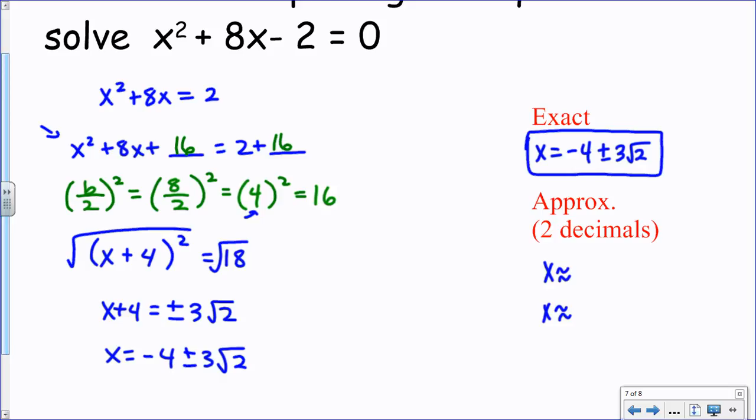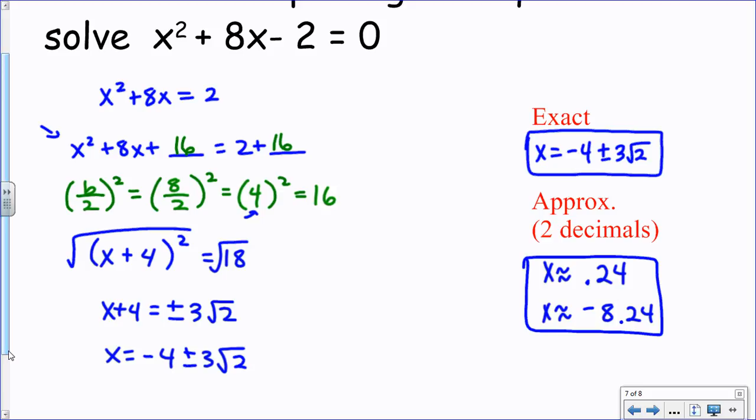So I got positive 0.24, and then I got negative 8.24. So you guys got? Questions about that?